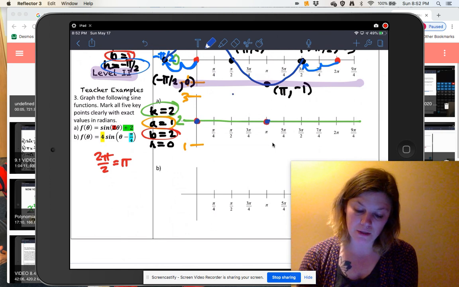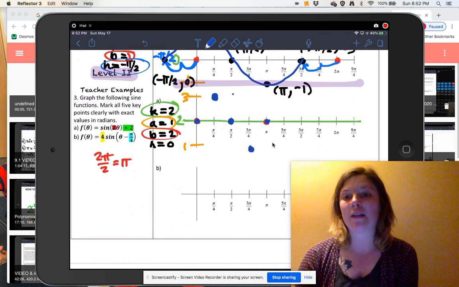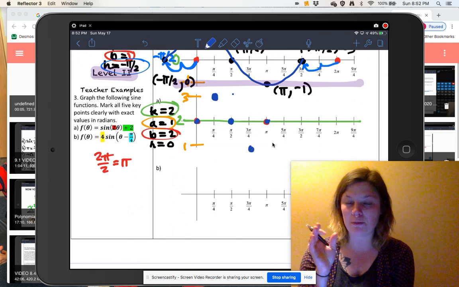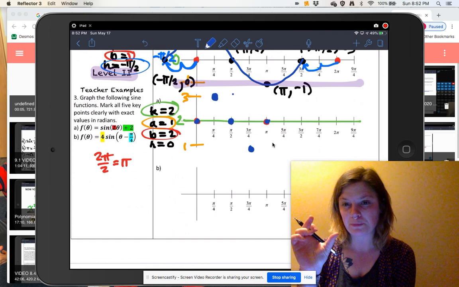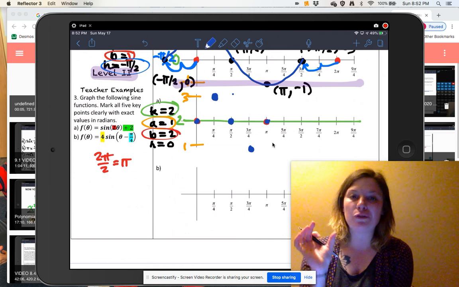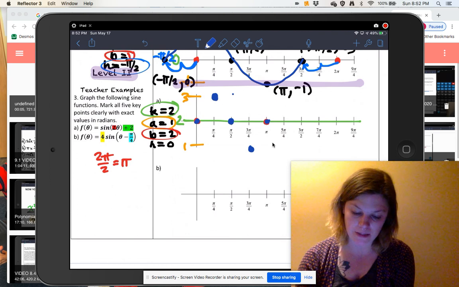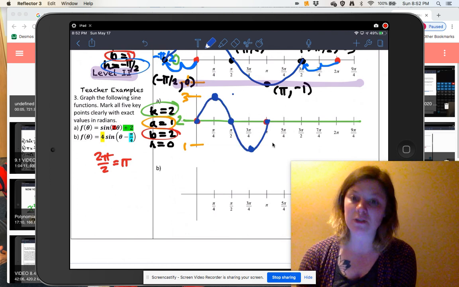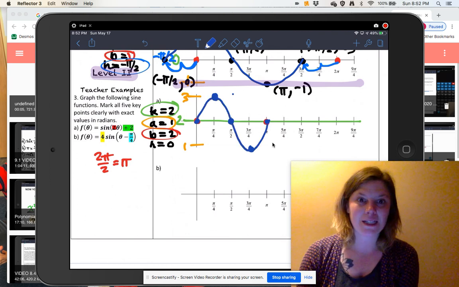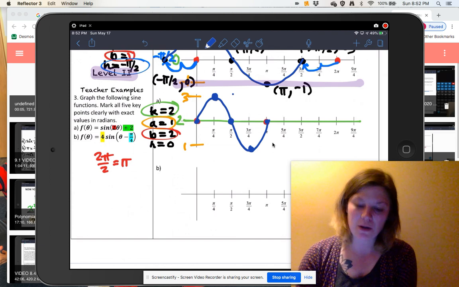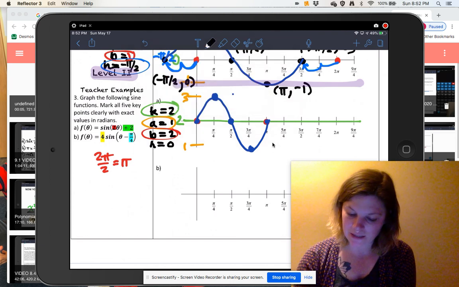And then our middle is in the middle. Here we're at there, there we're at there. It's halfway points, right? Every time you just cut whatever the period is into 4 equal parts and place your 5 key points, and then you can draw your picture the best you can. And that's it for that one. Let's keep going. Oh, I got to do my key points, I keep forgetting that. So this is going to be pi at 0.